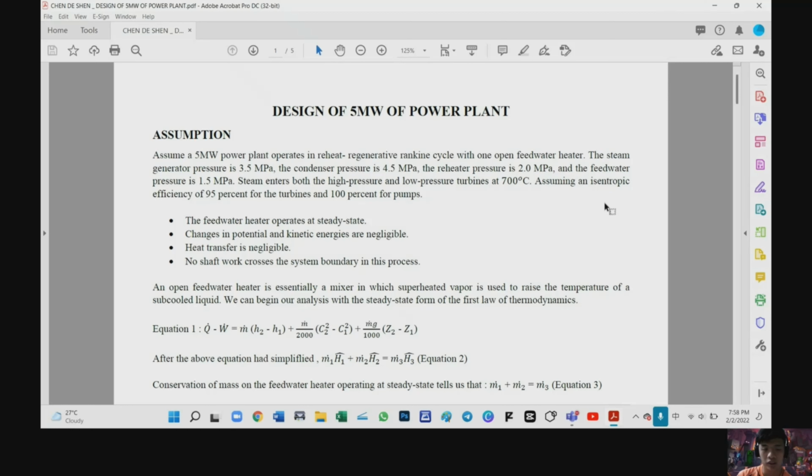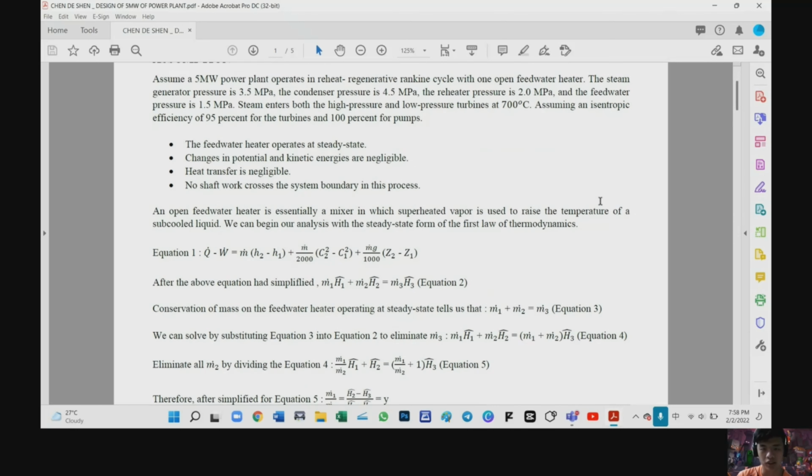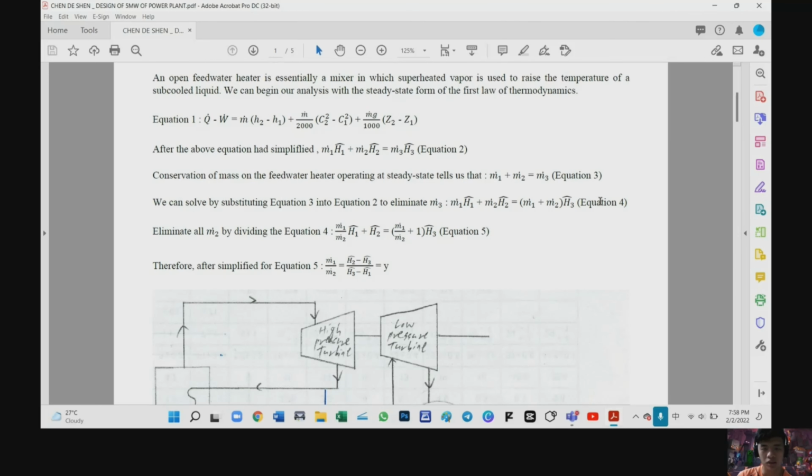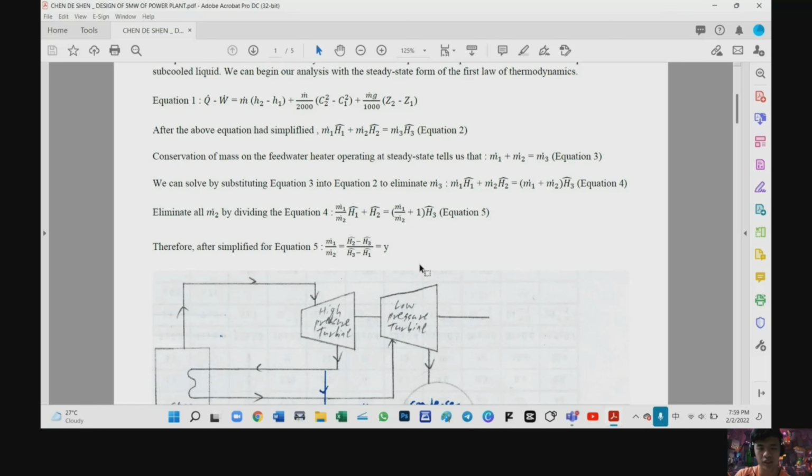An open feed water heater is essentially a mixer in which superheated vapor is used to raise the temperature of a subcooled liquid. We can begin our analysis with the steady state form of the first law of thermodynamics. In this equation, I already simplified to find the Y, which is the mass flow rate.